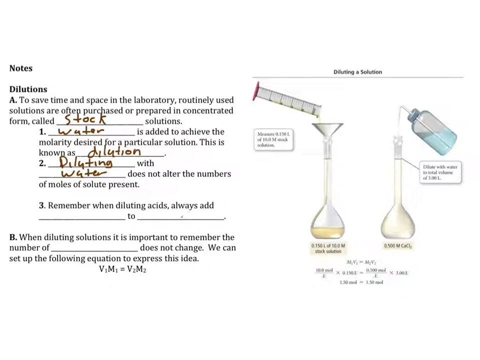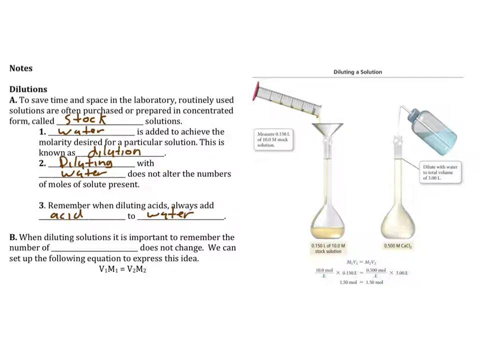Something to keep in mind is that when you are diluting an acid, you always add the acid to the water. You never add the water to the acid, and the reason why is that if you add water to acid, you form an extremely concentrated solution of acid, and this can cause splashing to occur because of the exothermic reaction.